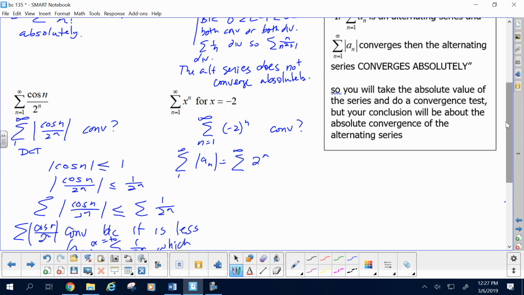Divergence. So that diverges because the limit of the terms is infinity, not 0. So the series does not converge absolutely. Answer the question. Is there an x value for which it would converge?